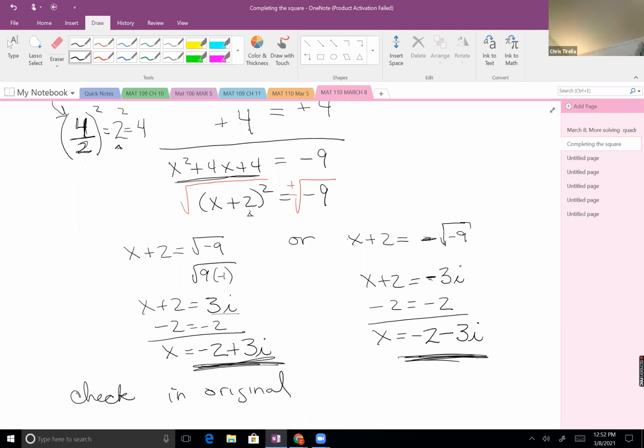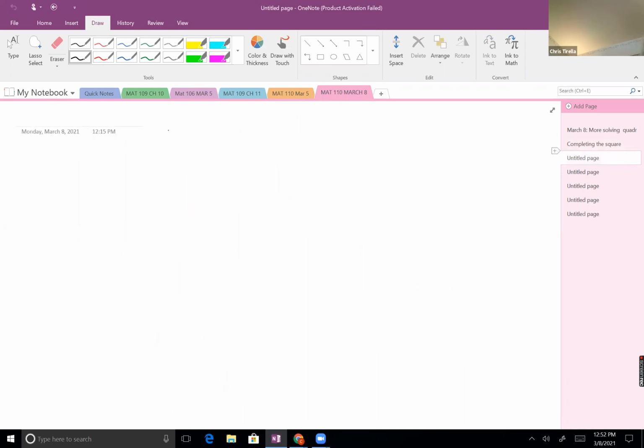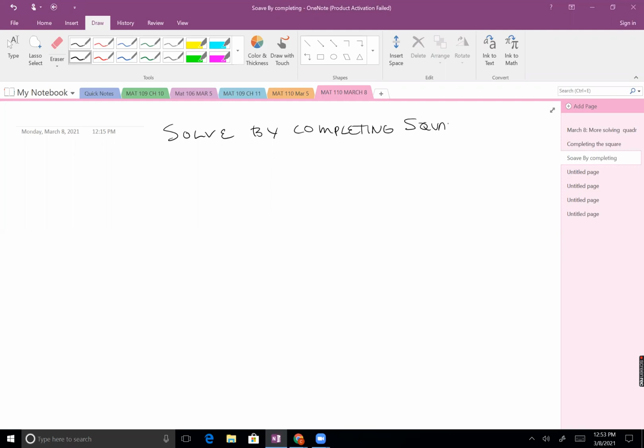Okay. Let's have you folks try one on your own. Let's have you folks solve by completing the square. Let's look at x squared minus 6x minus 11 equals 0.